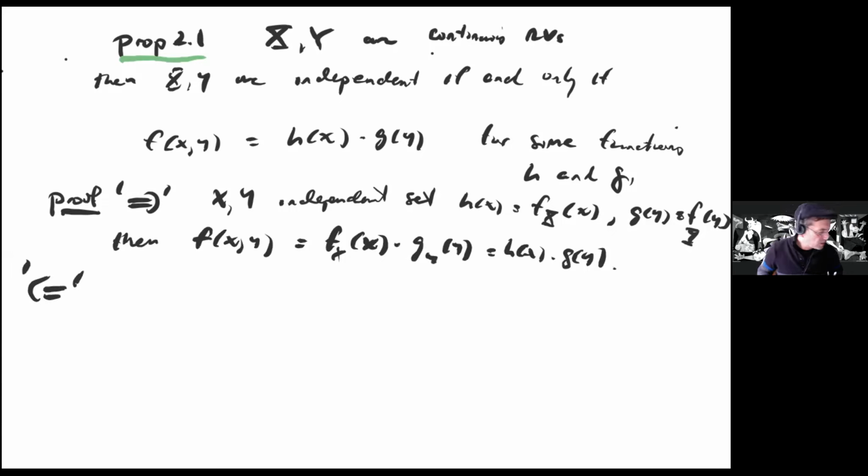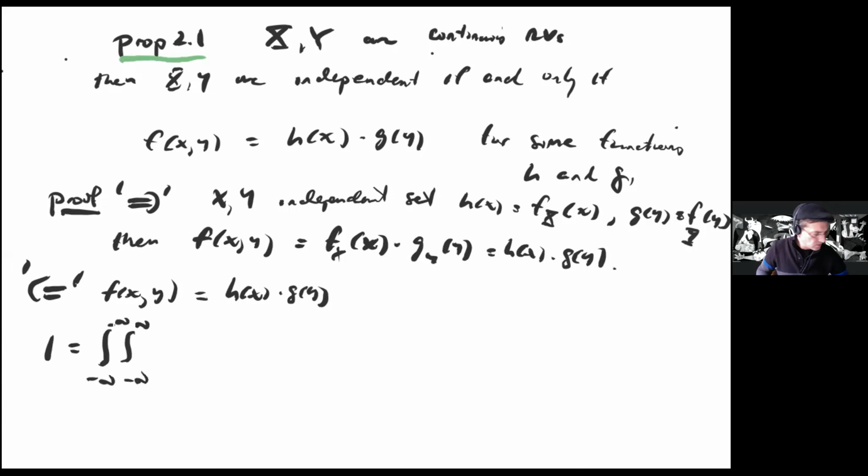Let's go in the opposite direction. This is the hard part. In the other direction, suppose we have the function f of xy given by h of x times g of y. Then what do we know? We know the integral from minus infinity to infinity, over the plane, of f of xy dx dy is 1.